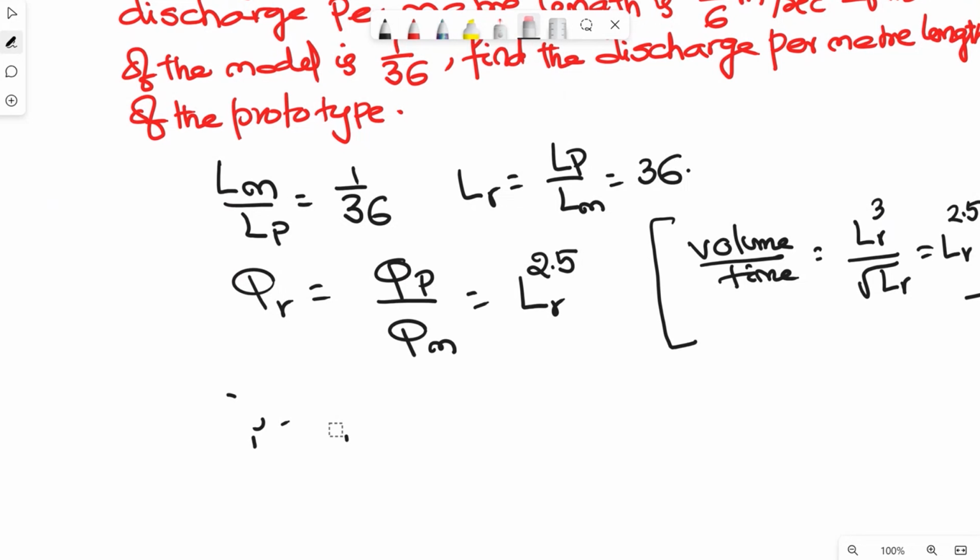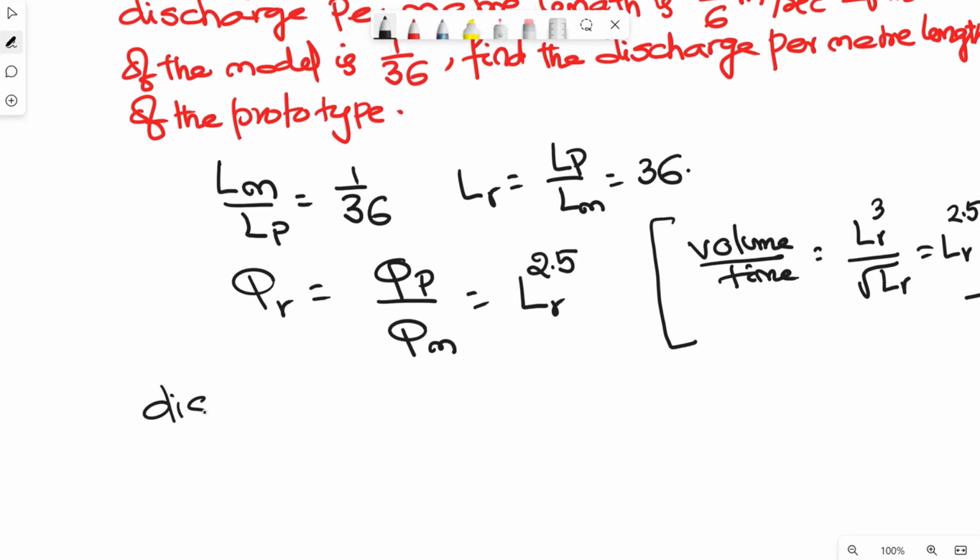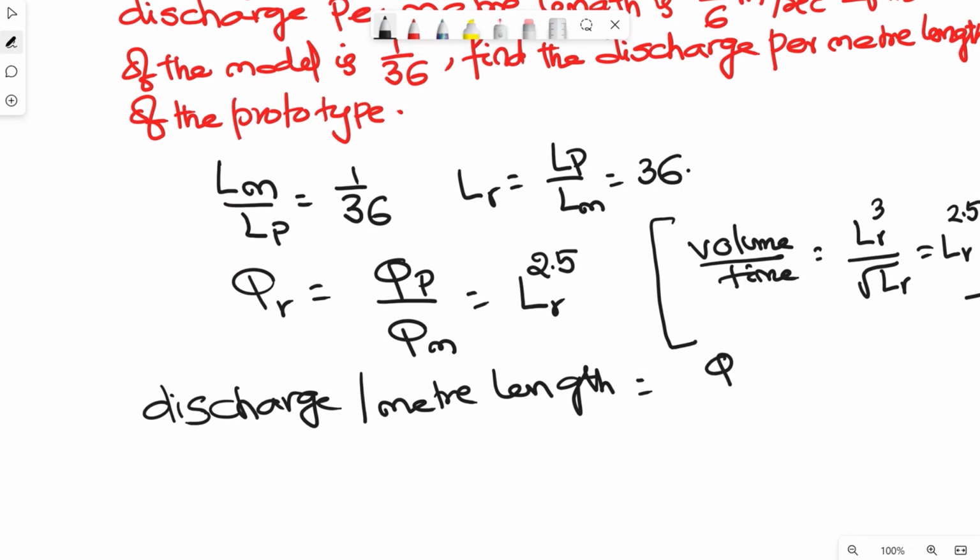In the problem, what is given is discharge per meter length. That means Qp by Lp is the discharge per meter length, and similarly Qm by Lm.